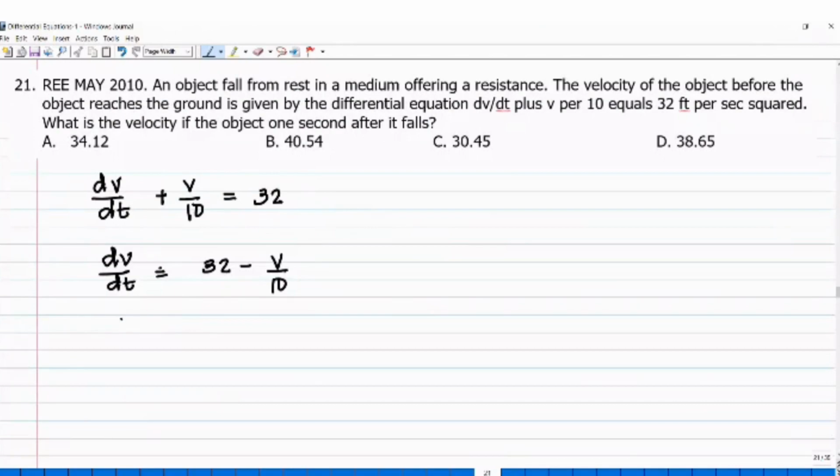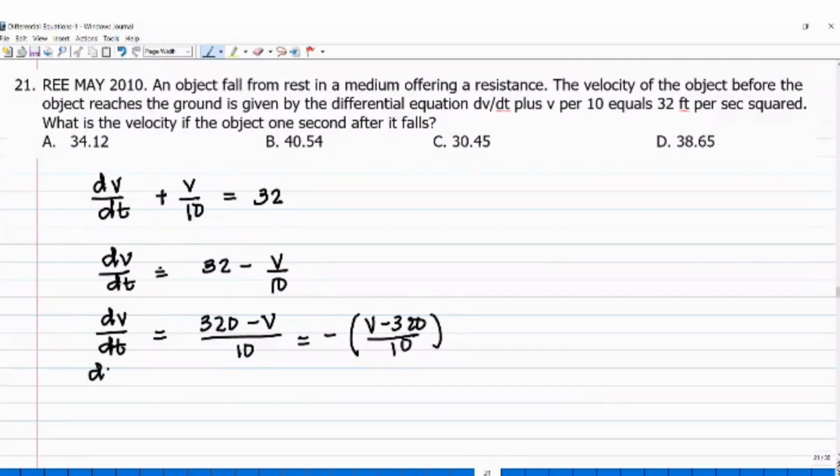Or dv dt is equal to 320 minus v over 10, equivalent to negative v minus 320 over 10. So dv over v minus 320 is equal to negative dt over 10.